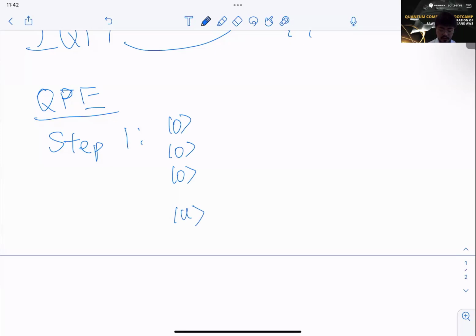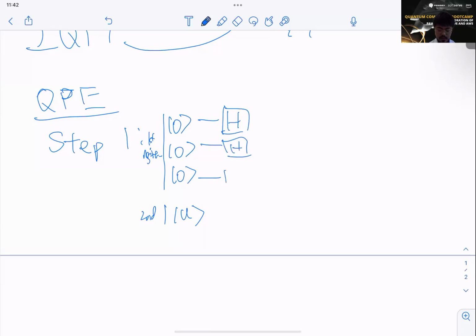So this is the first register, and this is the second register. The first step is to apply the H gate to all of them. Okay, what does that give us? We don't apply anything to this one.